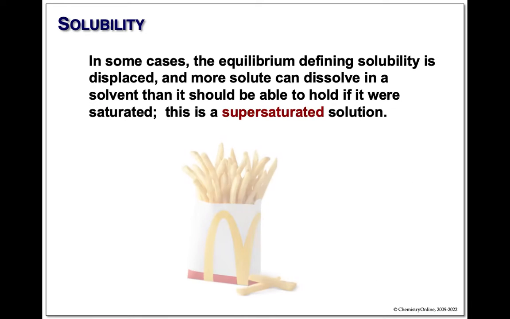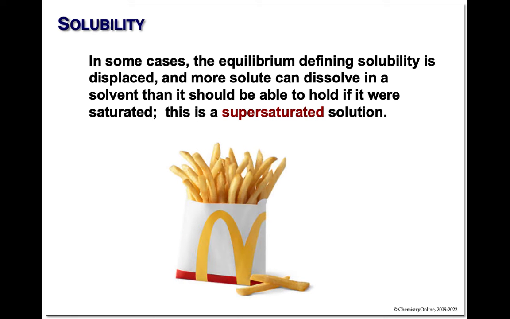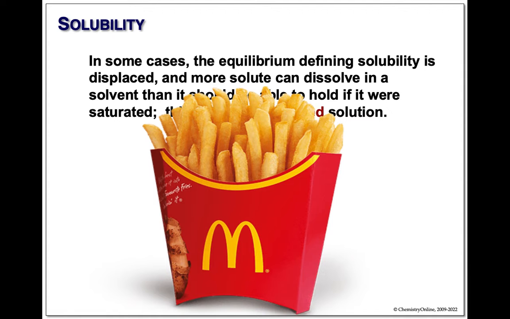Sodium acetate is a substance that makes it very easy to create what's called a supersaturated solution. You take sodium acetate and put way too much in there. Heat it up, and it'll go in solution anyway. Think of supersaturated as supersizing the fries, right? Okay.